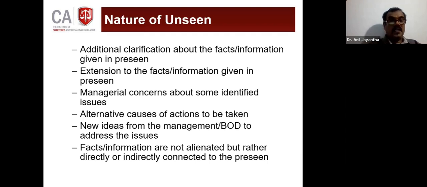Then in the unseen, alternative courses of action are also there, which influence candidates to think of alternative courses of action, or otherwise some suggestions may come out. You may see some confrontation between some managers. Some might say this, the other fellow might say different, right?